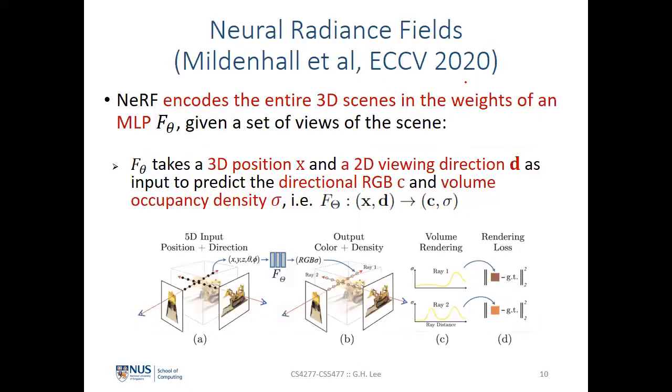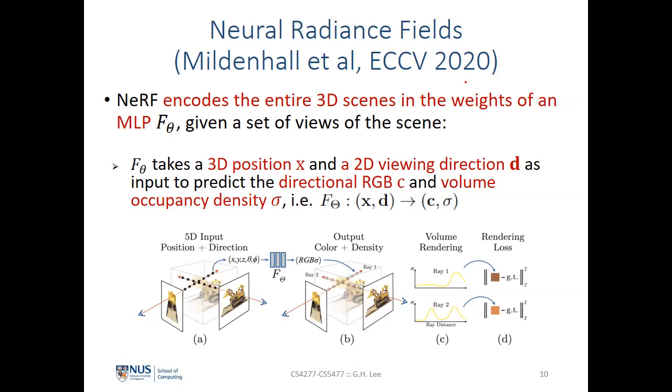Okay, so of course the most significant paper in this area would be NeRF. Okay, and that's the neural radiance field, which was published at ECCV 2020. Okay, so what it proposes is to encode the entire 3D scene in the weights of an MLP.